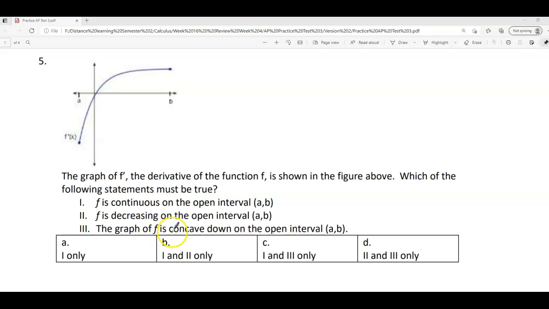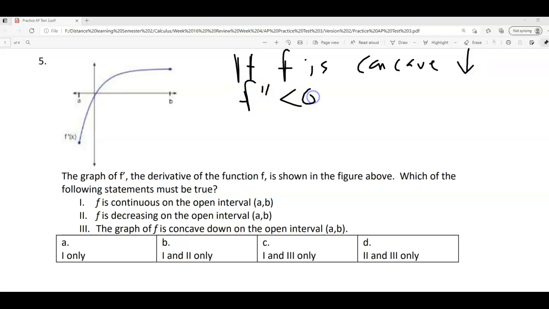On number 3, we're talking about the concavity of f. So if f is concave down, that means that f double prime is negative. And if f double prime is negative, that means that f prime is decreasing.